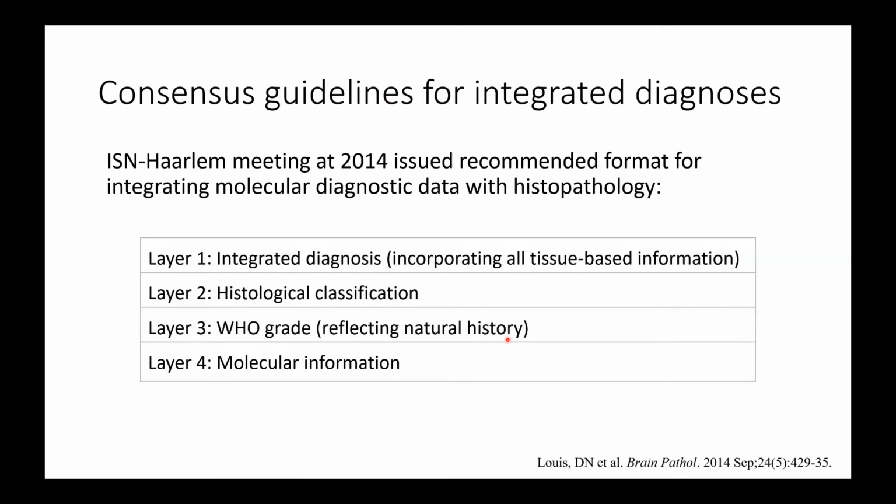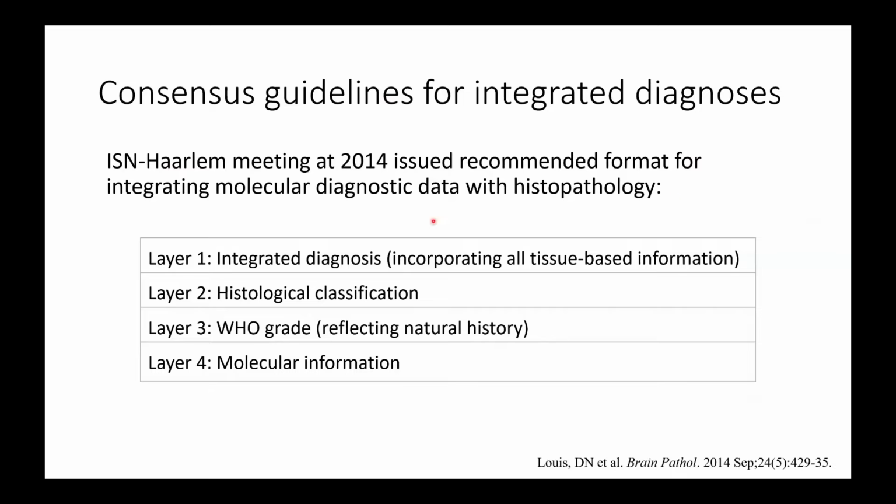Since neuropathology is transitioning so hard towards integrating molecular testing, both in the top line diagnoses and for supportive diagnostic criteria, we've begun to create guidelines for reporting these integrated diagnostic outputs.